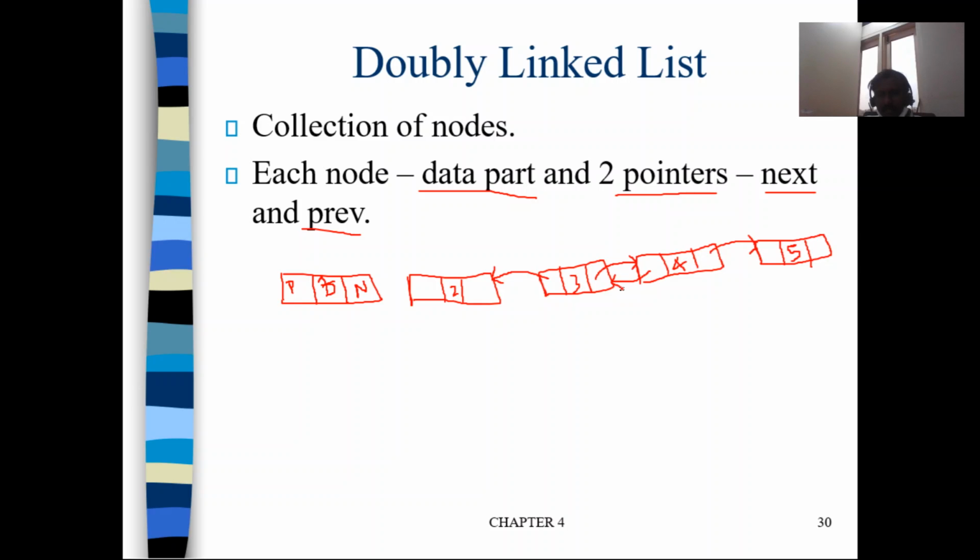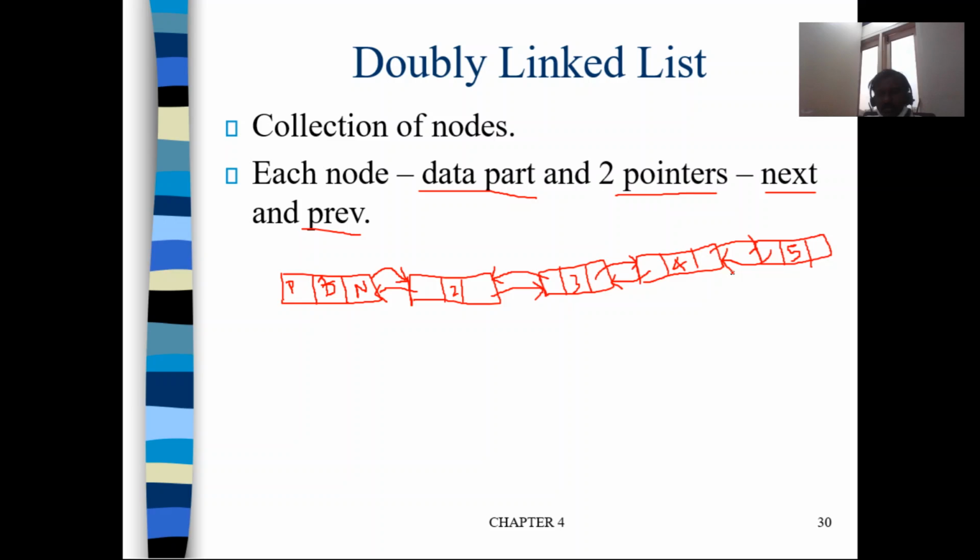Node 2's next pointer will point to node 3. Node 2's previous pointer will point to node 1. Node 1's next pointer will point to node 2. Node 5's previous pointer will point to node 4.